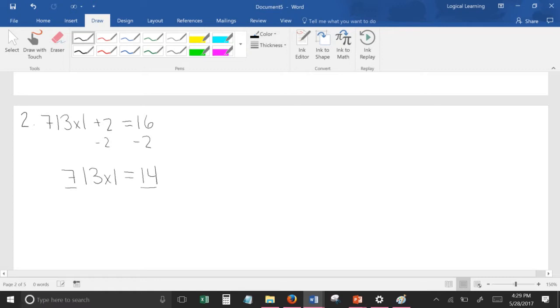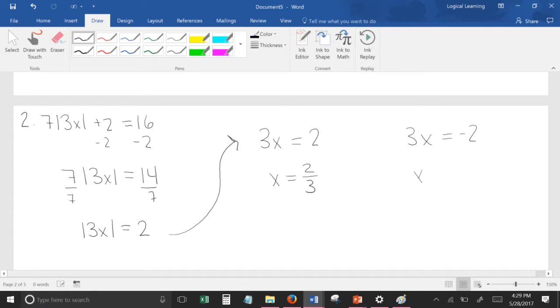Then dividing both sides by 7, we'll get the absolute value of 3x is equal to 2. And from here, we can make our two equations. We have 3x is equal to 2, or 3x is equal to negative 2. Dividing by 3, we get x is 2/3, or x is negative 2/3.